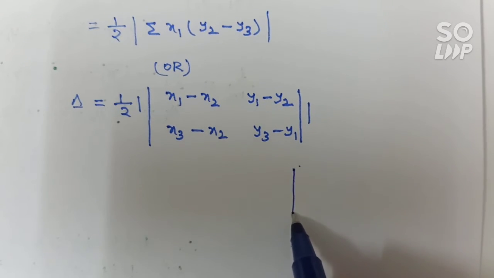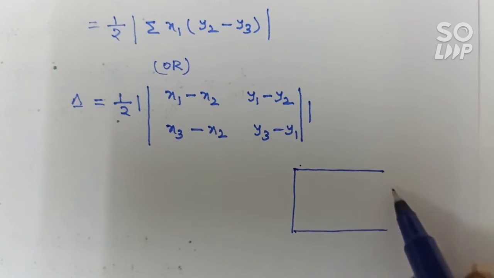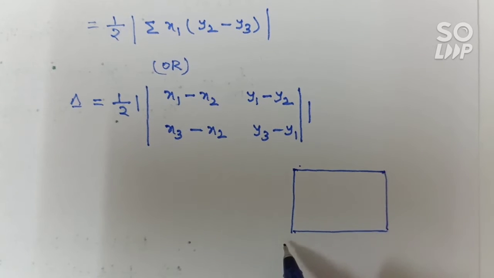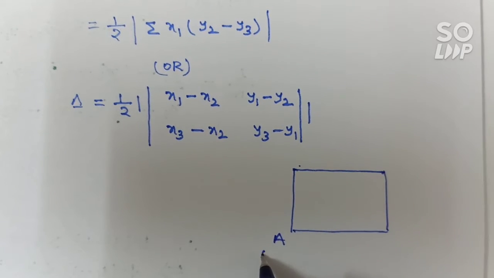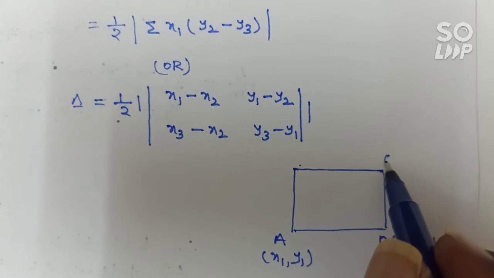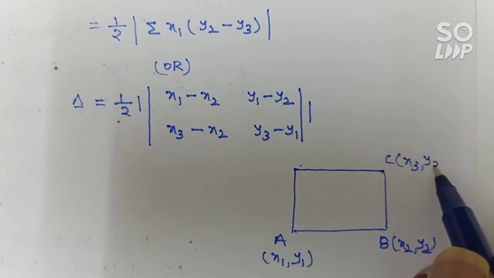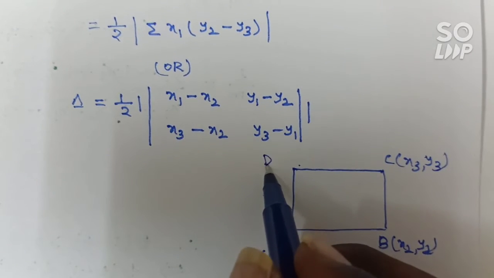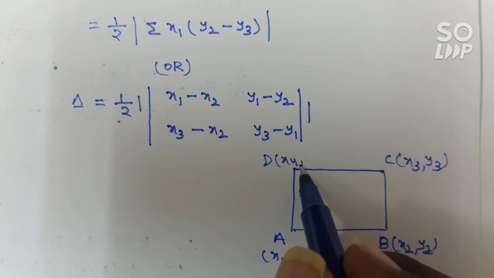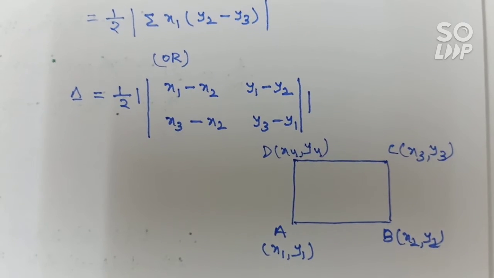Whatever we have, there will be four vertices: A is (x1, y1), B is (x2, y2), C is (x3, y3) and D is (x4, y4). So when these vertices are given, how do we find the area?